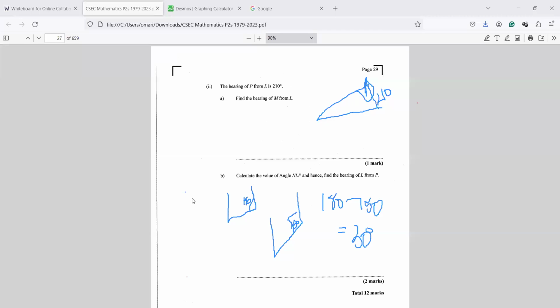So again, guys, bearings is not difficult. It's usually, as I said, a repetitive question in the sense where it's basically the same thing that they continue to ask you for. And as I would have explained before, they usually ask you to either find a side or angle. In finding that side or angle, sometimes you have to use maybe tan or the sine rule, or the cosine rule.